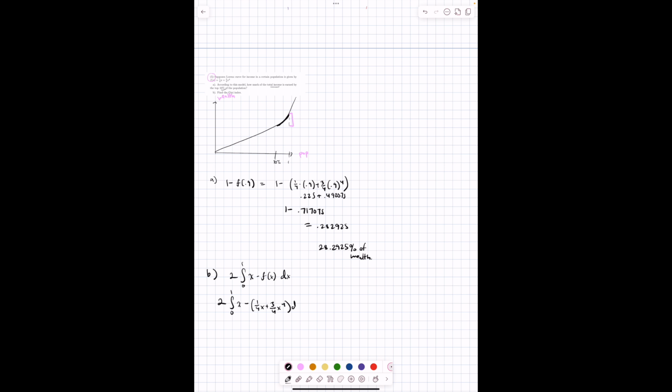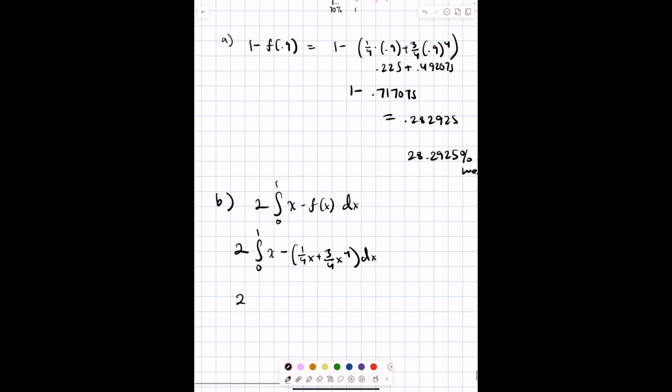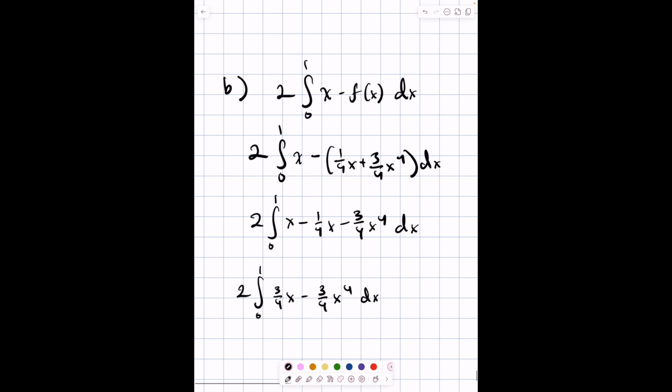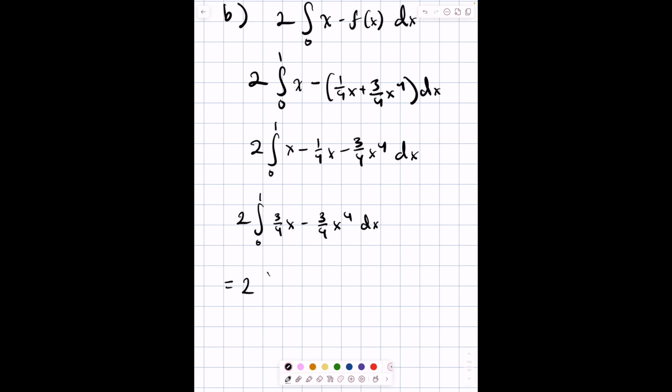So 2 times the integral from 0 to 1 of x minus 1/4 x minus 3/4 x to the 4th dx. If you combine these, it's 1 minus 1/4 for the coefficient, so you get 3/4 x minus 3/4 x to the 4th dx.